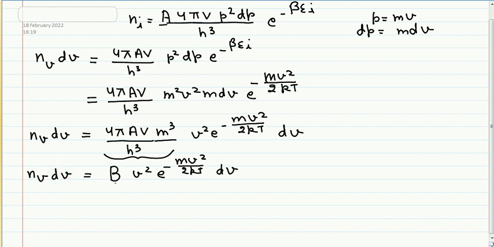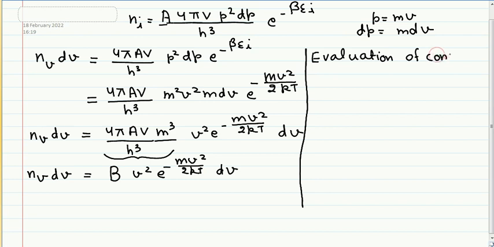Now to calculate the constant b, we will integrate this within the limit 0 to infinity. So put another heading, evaluation of constant b.